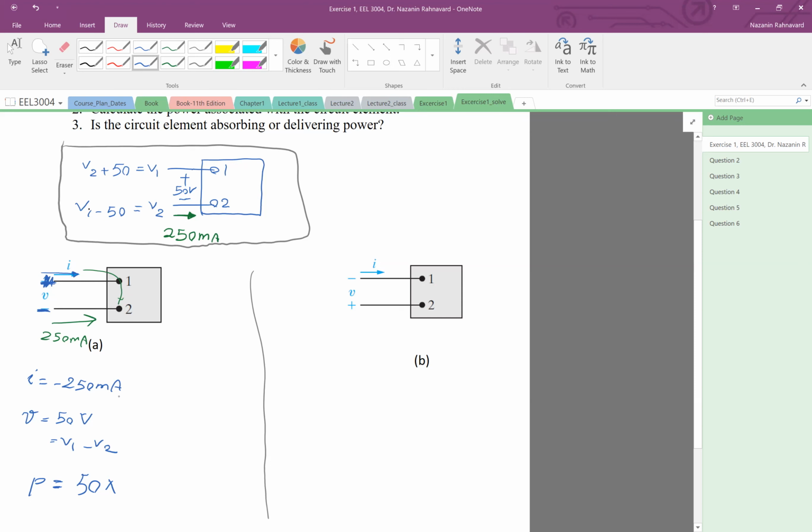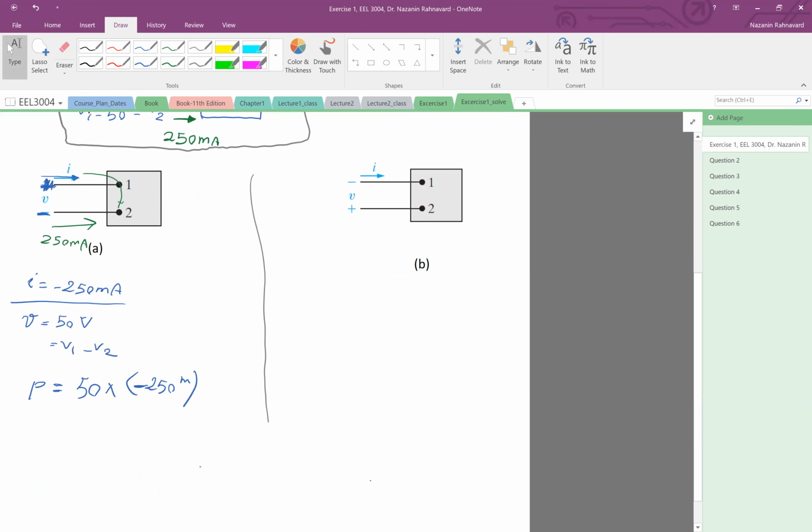The value of I happened to be negative 250 milliamp. So the whole thing would be negative this much milliwatts. Okay, this is one way of doing that.